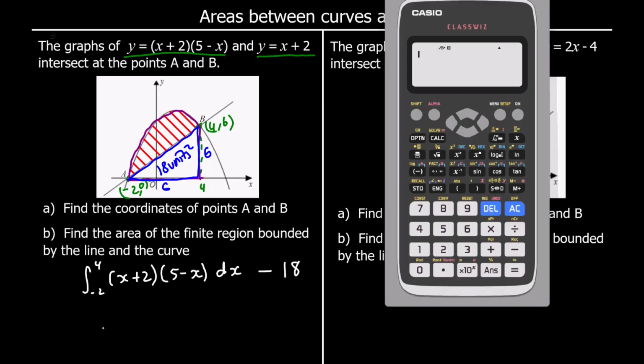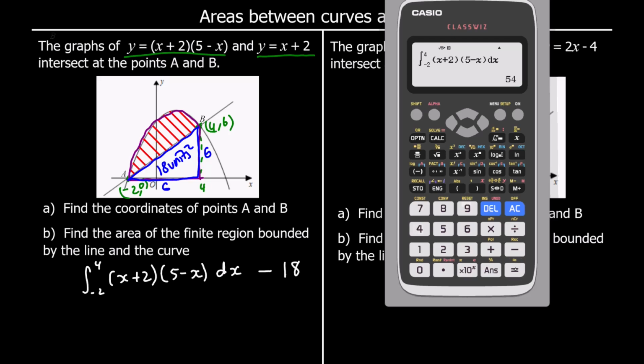If we did it manually, we'd expand the brackets, add 1 to the power, divide by the new power, and then substitute in 4, substitute in negative 2, and take them away. But I'm just going to use the calculator here. So x plus 2 times 5 minus x between negative 2 and 4.